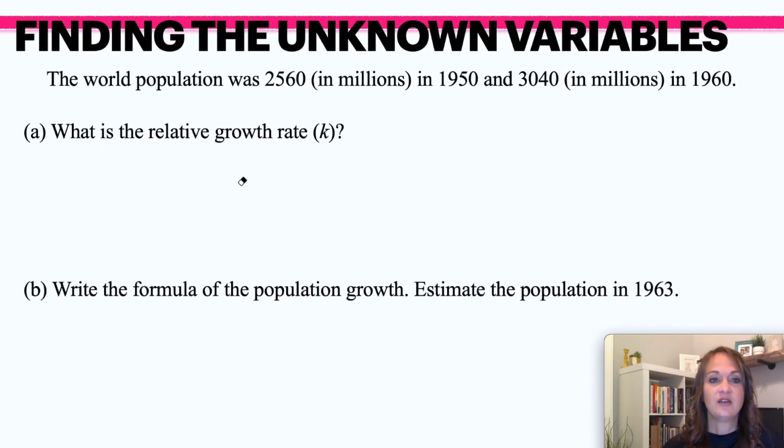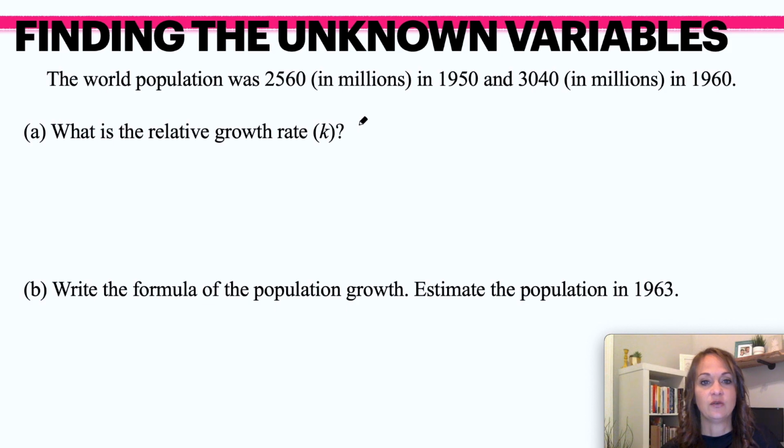So finding the unknown variables, the world population was 2560 in millions in 1950 and then 3040 in millions in 1960. So first find the relative growth rate.